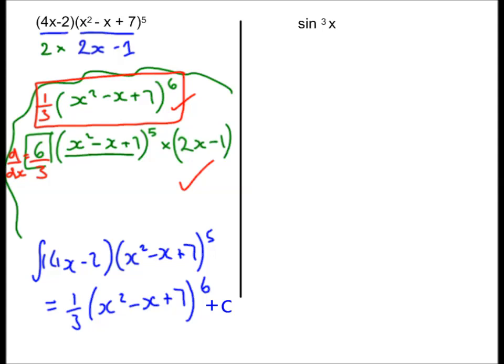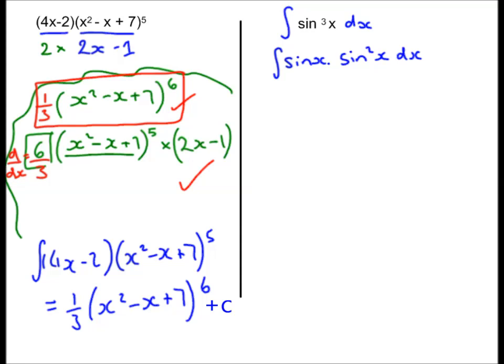When it comes to trig functions, it's often a lot harder to spot integration by recognition. Here's a classic one, integrating sine cubed dx. And what we need to do for this is write it as sine x times sine squared x.